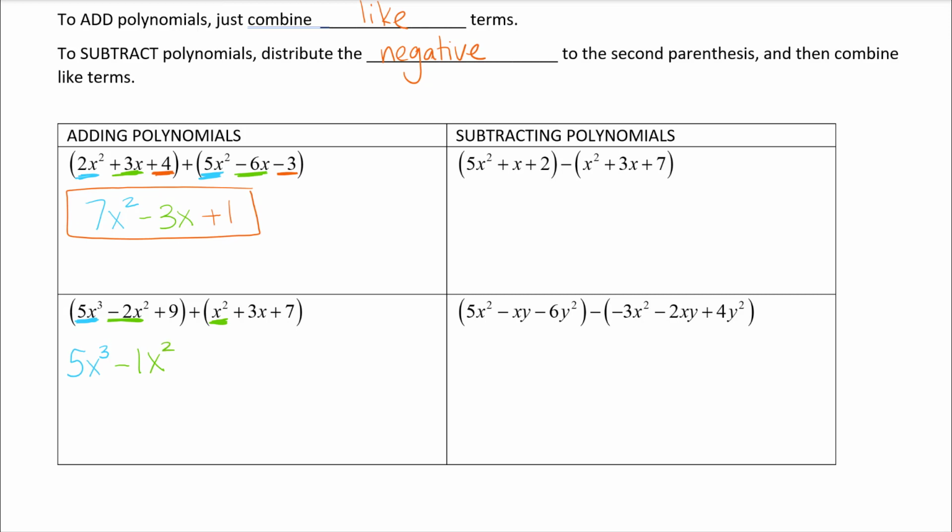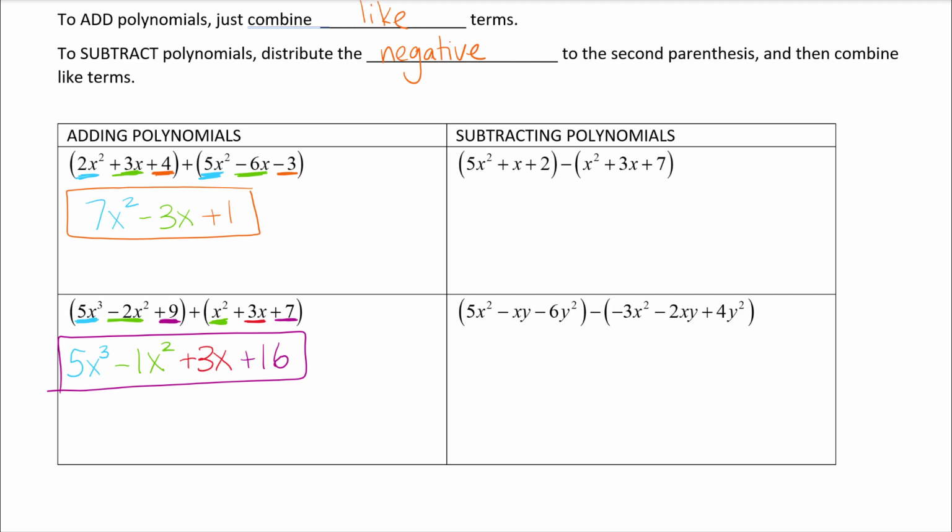Because I'm going down in order, I have x cubed and then x squared, so now I'm looking for x. 3x doesn't have any like terms, so you're just going to bring that down. And then numbers, plus 9 plus 7, I'm adding that to get plus 16. And that is as simplified as I can get.